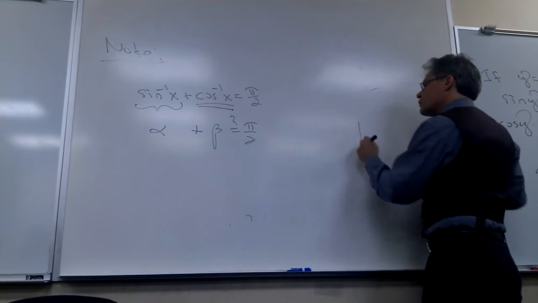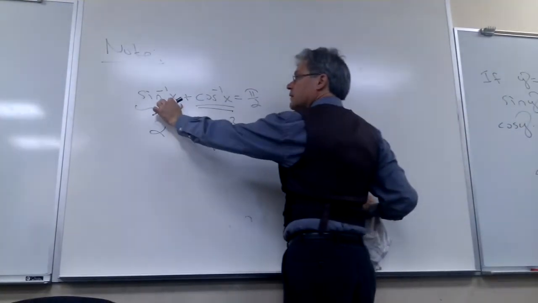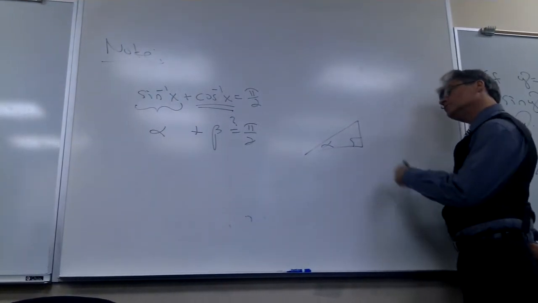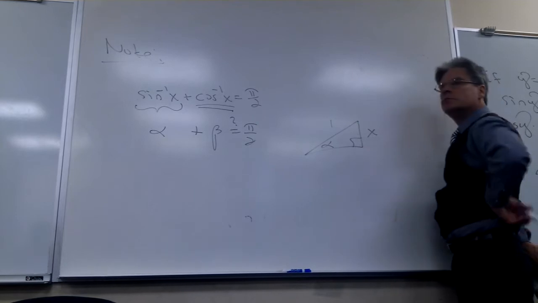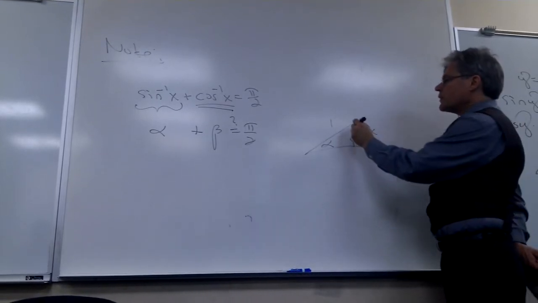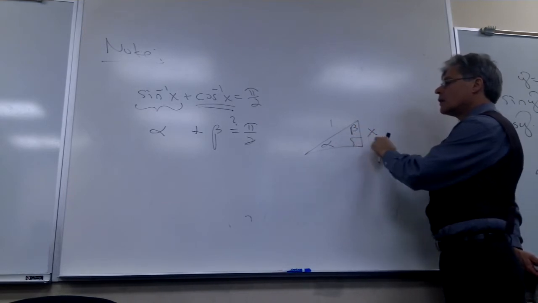In this pretty picture right here, a right triangle, if this is alpha, to say that alpha is the inverse sine of x, doesn't it mean the sine of alpha is equal to x over 1? What can you say about this angle beta right here? What's this cosine? X over 1.